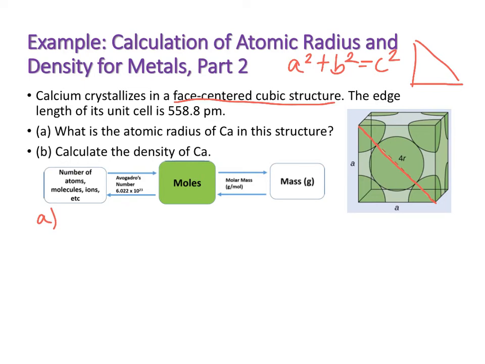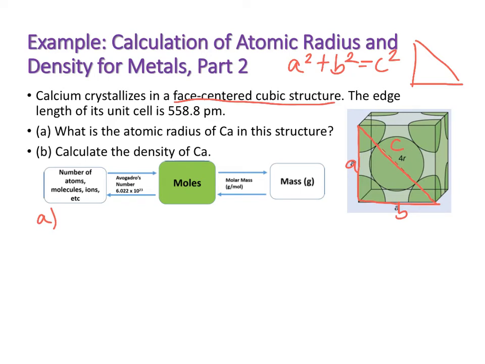It's not the same as the previous one where we just have 2 radii and we can have the edge length and figure out the radius from there. So in this case, we're going to have to do some math, and this is the Pythagorean theorem coming back to haunt you. It's okay, it's simple, but all we're going to do is find our C, we have our A and our B, and we're going to solve for that C.